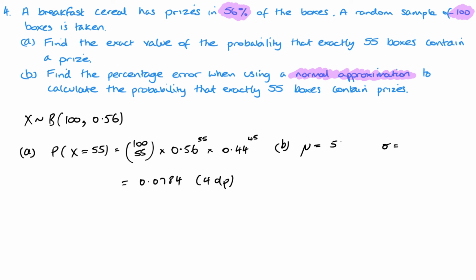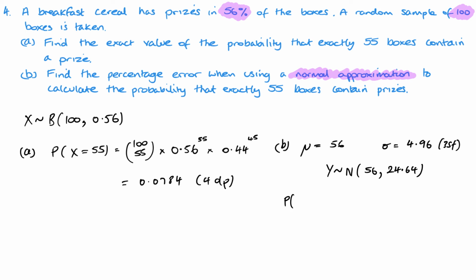So my mean is obviously 56 and my standard deviation is 4.96 there. I've done it to 3 significant figures. And if you did want to write it down, we would have a normal approximation where we've got 56 and 24.64. Obviously that's the variance there rather than the standard deviation.